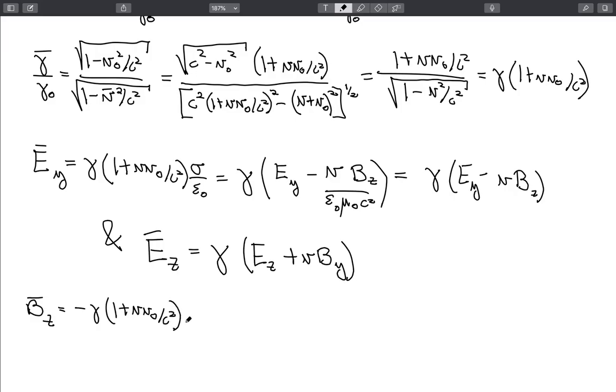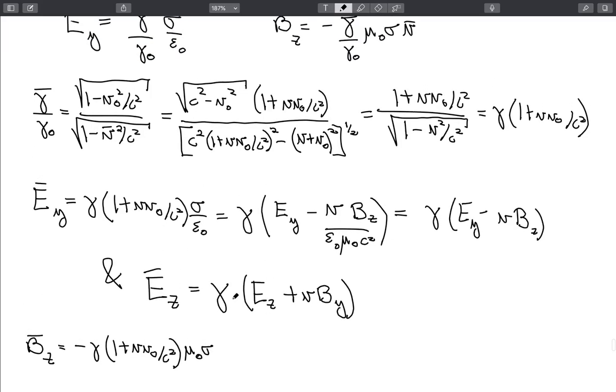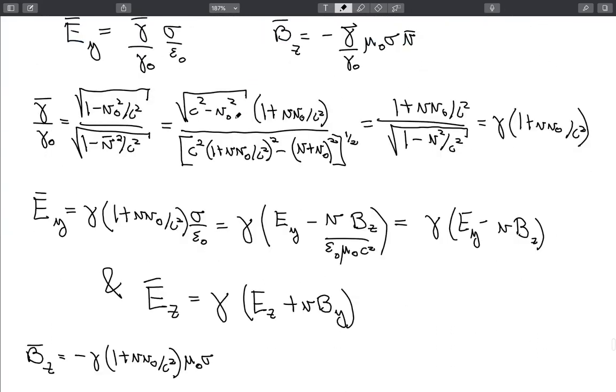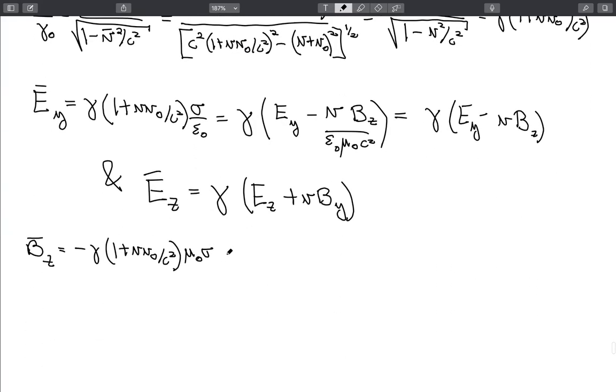And now I've got the mu 0 sigma, but then the v bar, right? So this v bar I want to get from here. So I will substitute that in here. V bar is just v plus v0 divided by 1 plus v0 over c squared. So you see this is quite friendly because a lot of stuff just falls away straight.